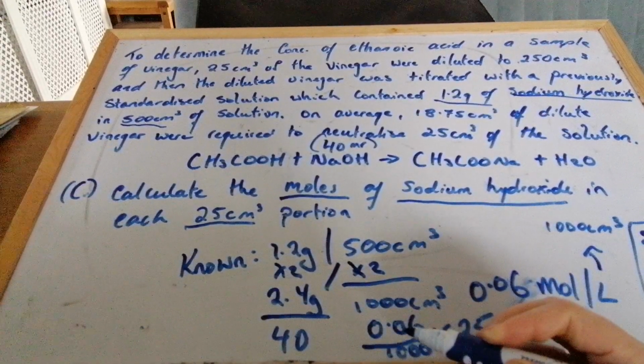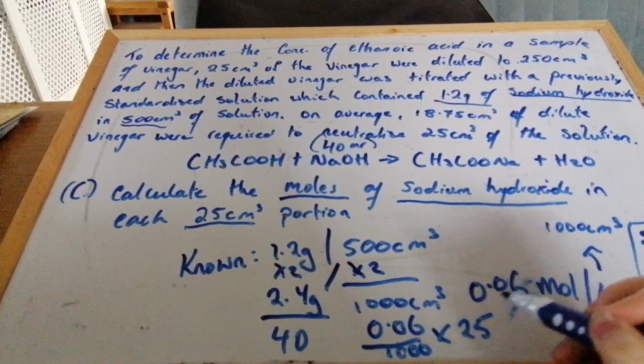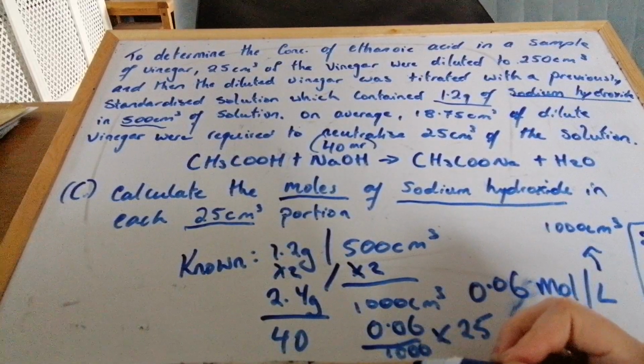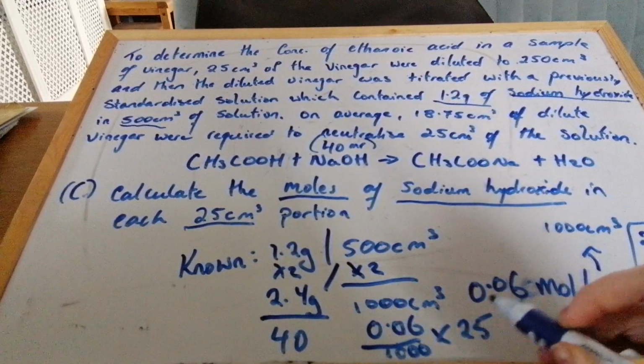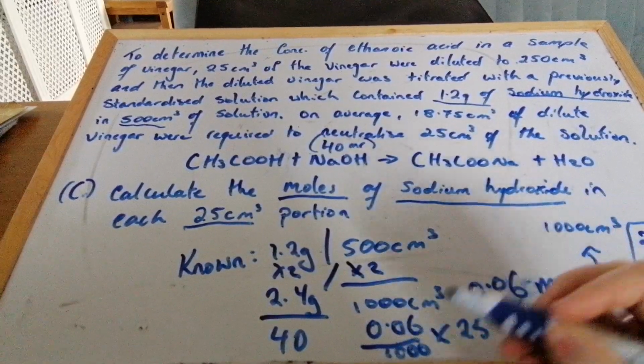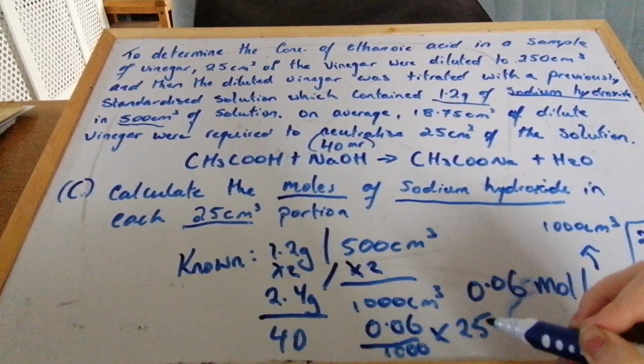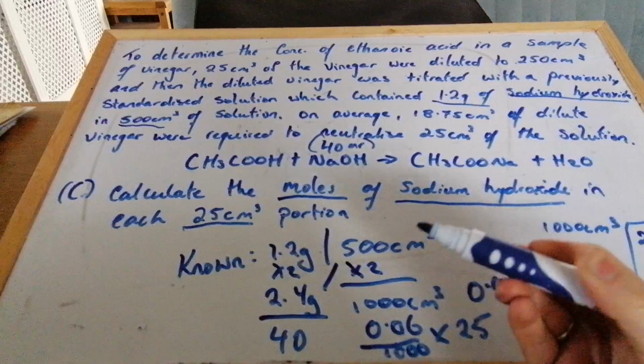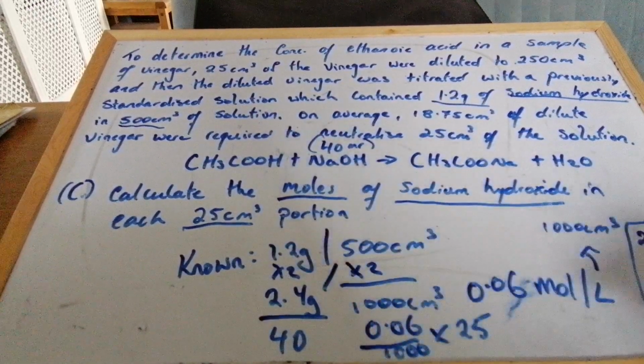I divide that by 1,000. The reason I do that is that'll give me the moles in 1 centimeter cubed. When I multiply that then by 25, it will give me the number of moles in 25 centimeters cubed.